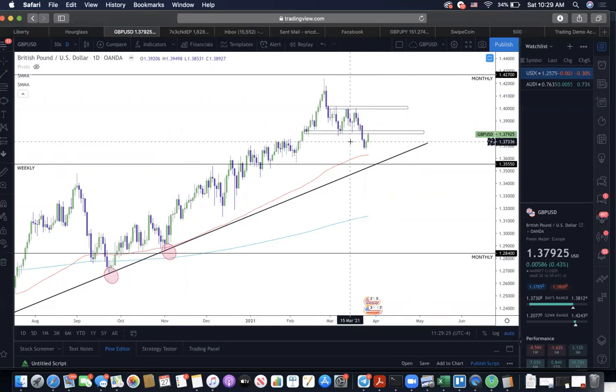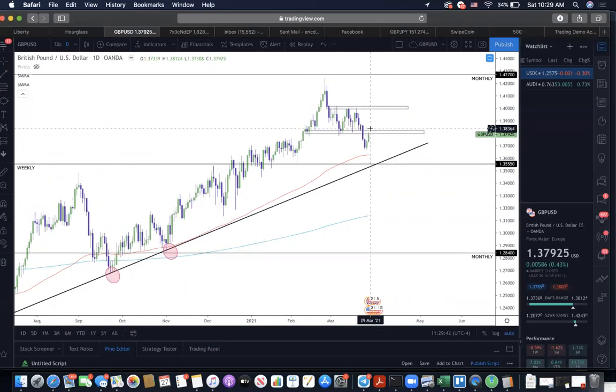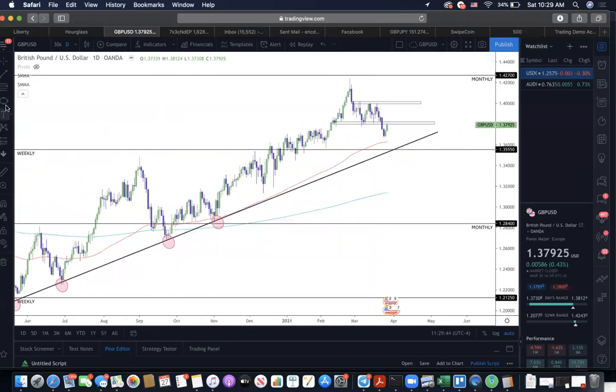So me personally, I will be looking for GU. I'll be looking to see if this demand turn supply, can it hold? If it holds, I'm looking to take GU back down here.